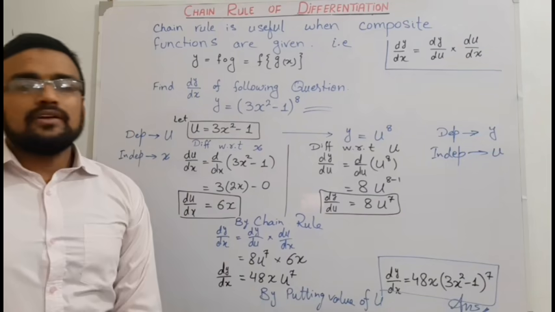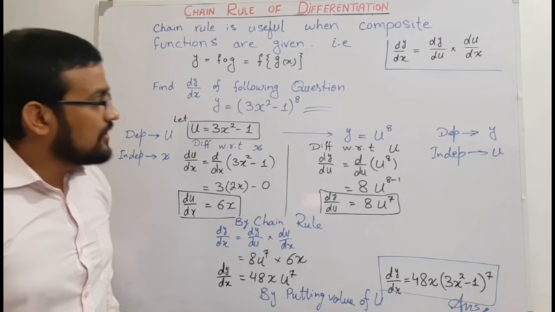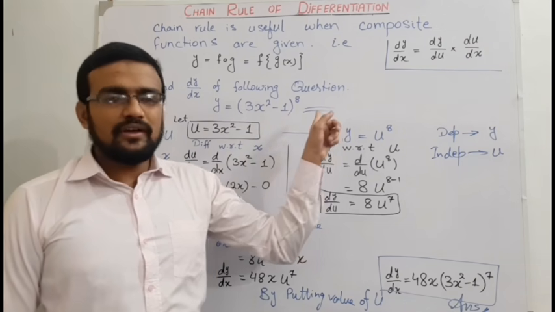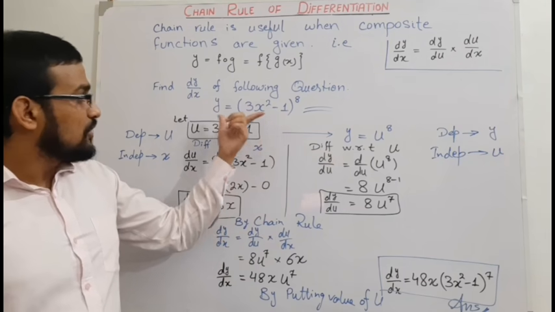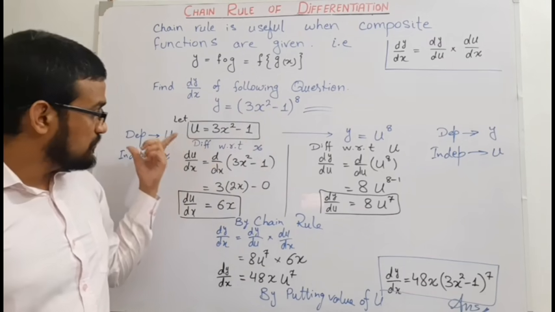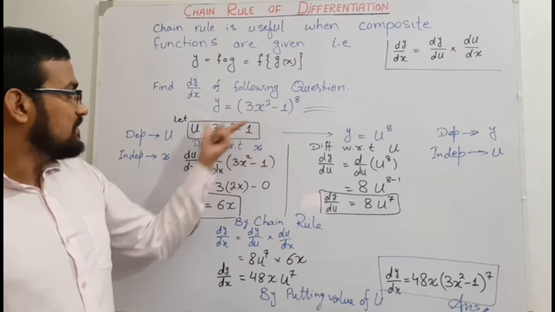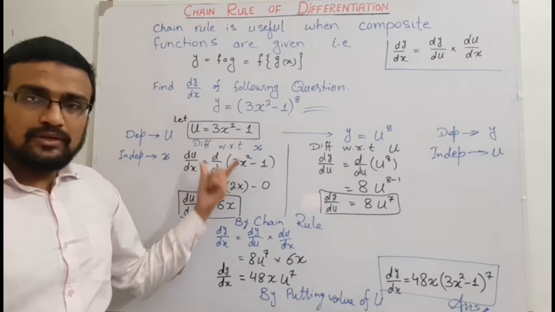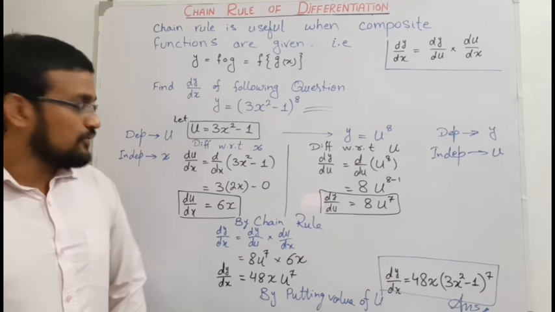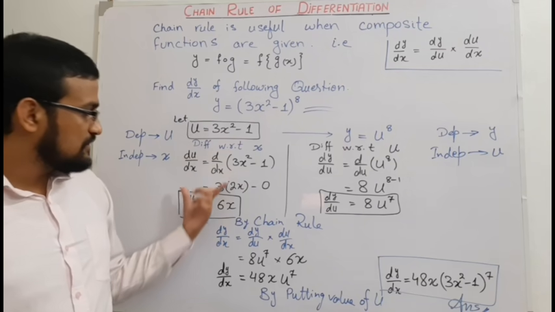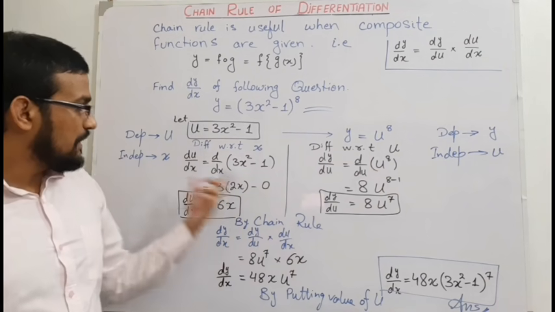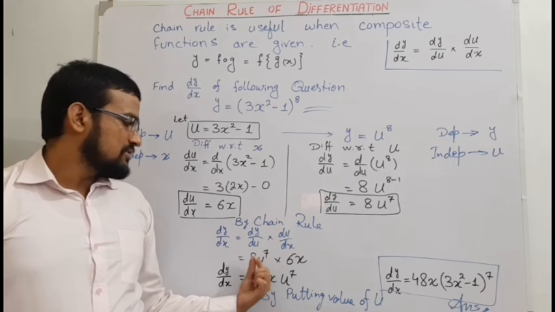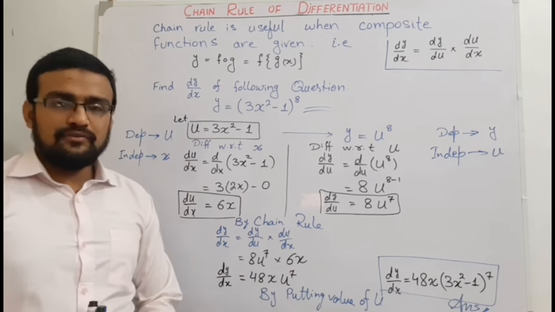Students, this is my final result of this question. y is equal to 3x square minus 1 whole raised to power 8, and then derivative according to the previous chain rule process: we let a substitution, and by using these rules, differentiation with two different dependent and independent variables, and then mix according to chain rule, and finally find the result.